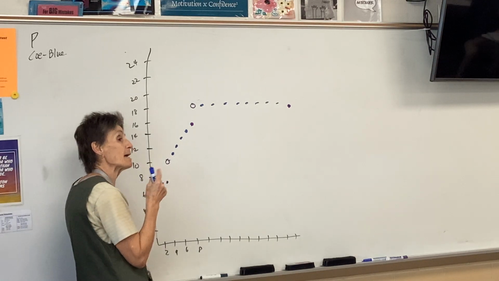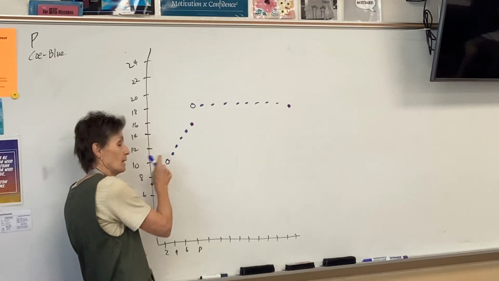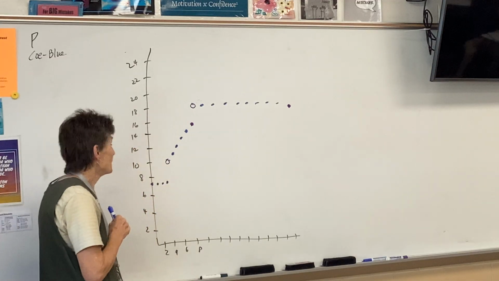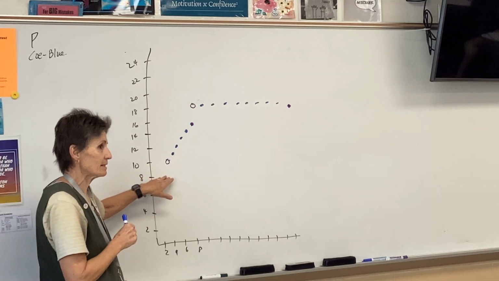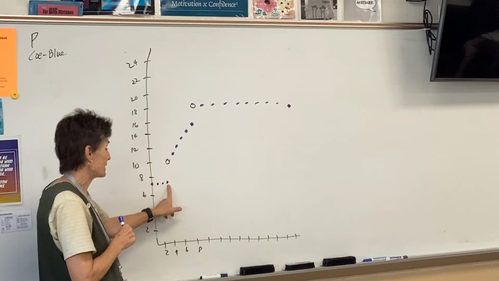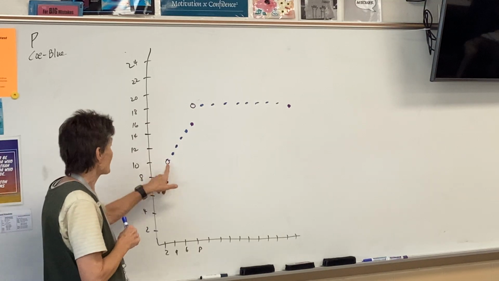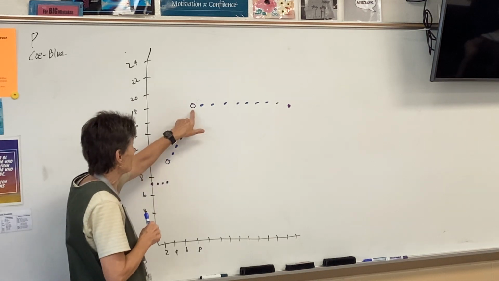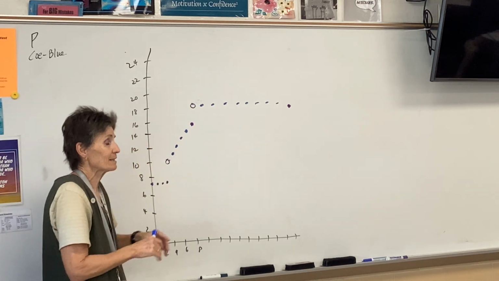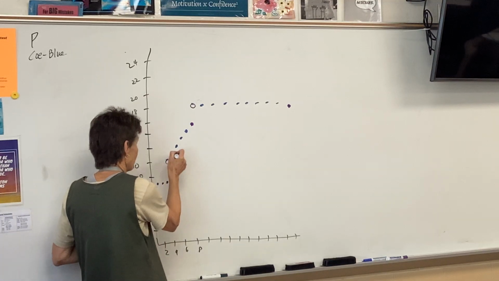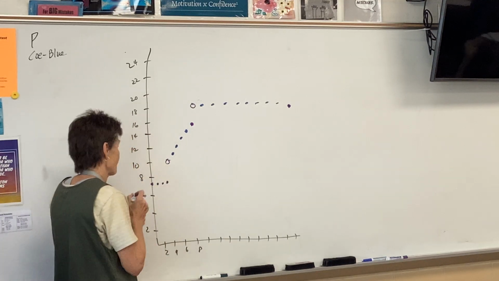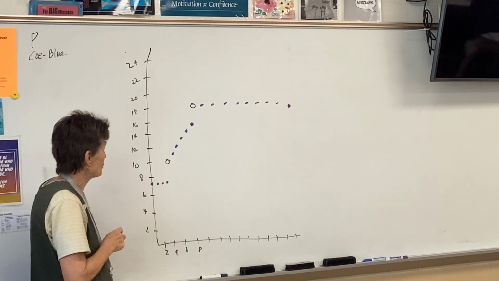But T can't be 3, so we put a little open dot there. Now, since we're not connecting, technically you don't need that because we've got a dot right here for 3. But I think it's okay to leave it, but since we're not connecting them, it isn't essential, because we're going straight from 3 to 4. Yeah, great observation, Violet, good job.